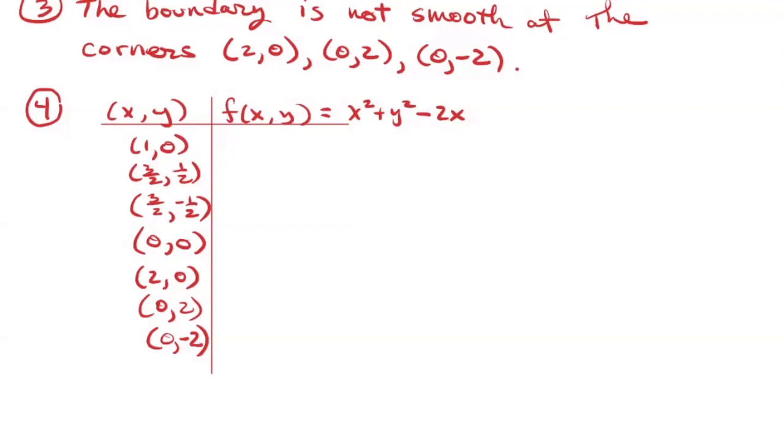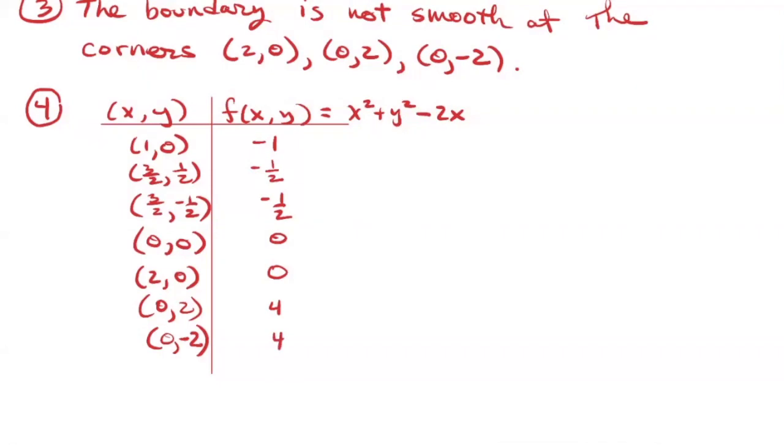Okay, so at 1, 0, we got -1. 3 halves, 1/2, -1/2. And the next one's also -1/2. At 0, 0, we got 0. 2, 0 is also 0. 0, 2, and 0, -2 were both 4.